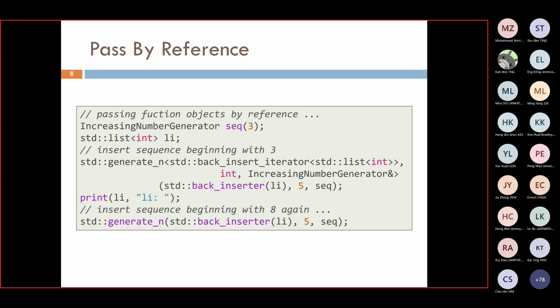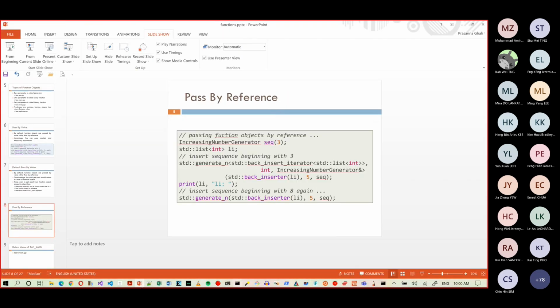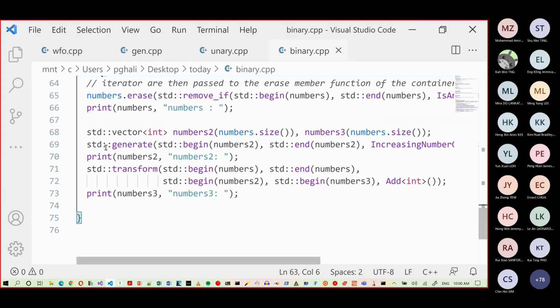So if all of this sounds confusing, you'll have to hang in there because next week, if we want to understand auto, decltype, all that stuff, we need to understand template argument deduction. But basically, what I'm saying is this. We made calls to generate and all these algorithms. Where is it? Here, you can see. And what the compiler does is that it looks at these function arguments, 1, 2, 3, whatever.